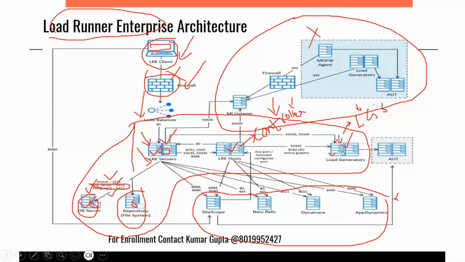And when you assign the LGs, it will coordinate with the LGs. Whenever you upload and download scripts, they need to be stored, so it uses the file repository as well as the DB servers. When I'm actually assigning the controller and the LGs, I'll come back to this architecture and show you how this is all integrated.